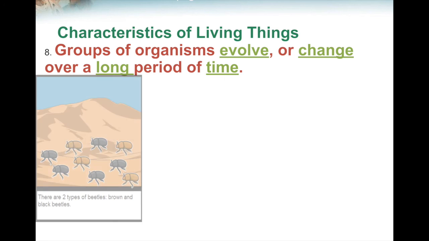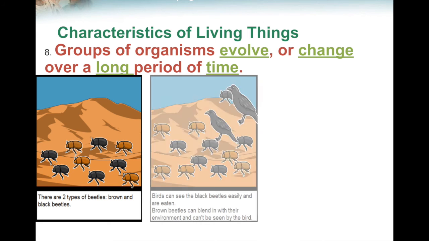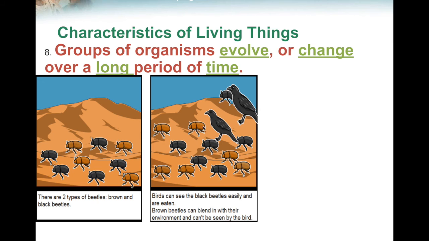So let's take a look at an example here. Here are beetles, and some were born with that black color, and some were born with the brown color for their bodies. Now, who is at an advantage in this background? Well, the ones that are brown colored, they're at an advantage because they can blend in with the environment.